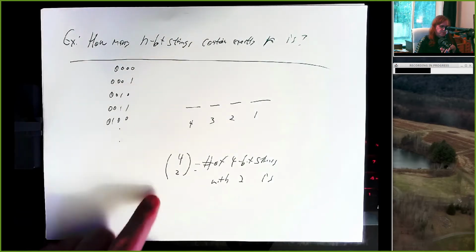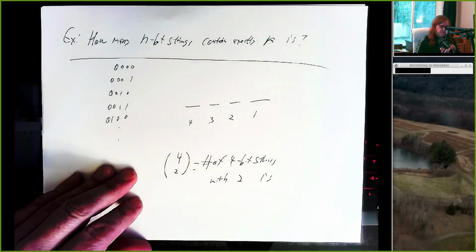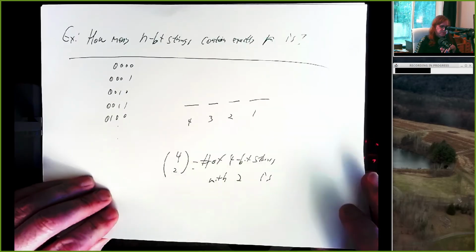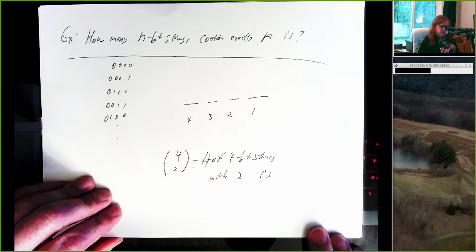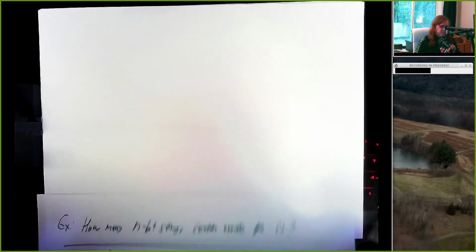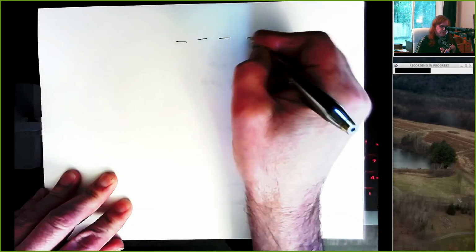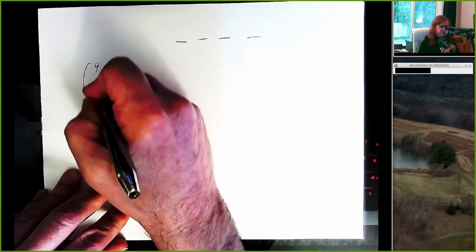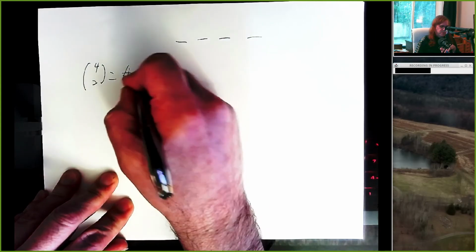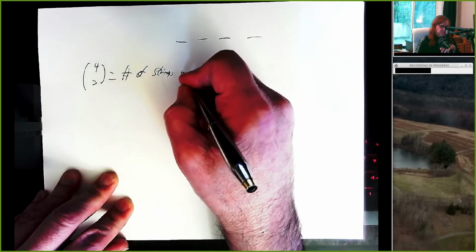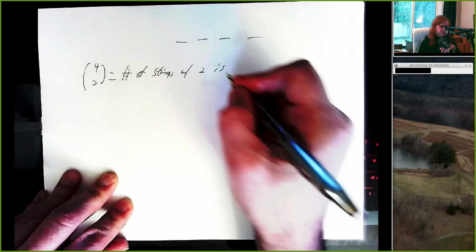But this is an interesting question to play with. It's a particular question, but let's think about this. Let's continue with 4-bit strings, and look at 4 choose 2, which equals the number of strings with 2 ones.